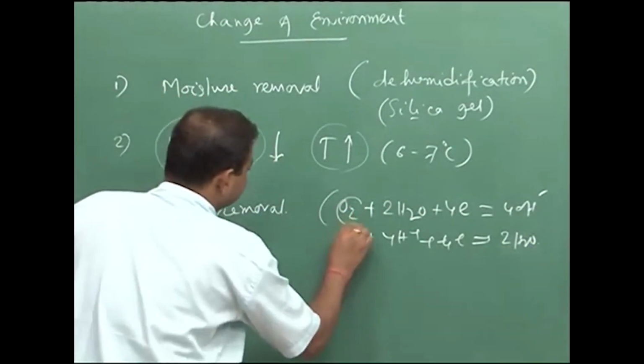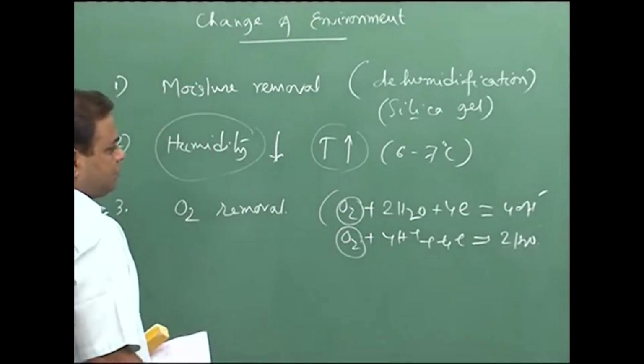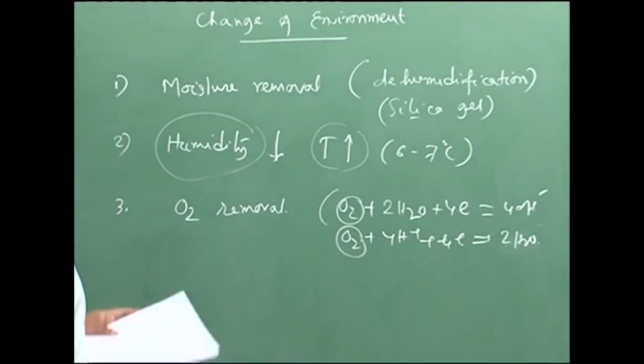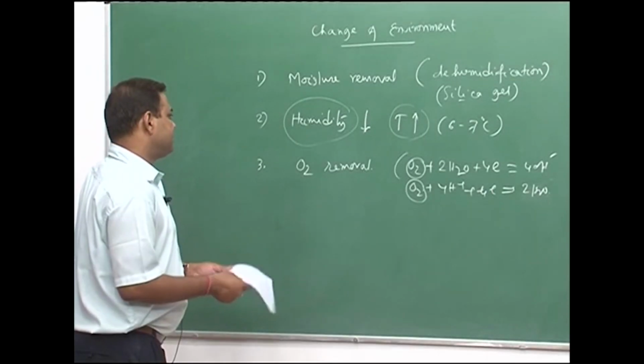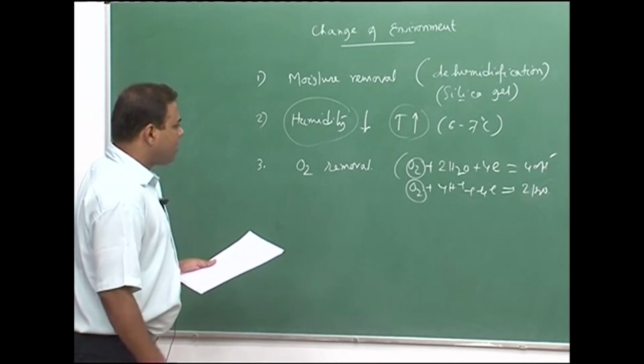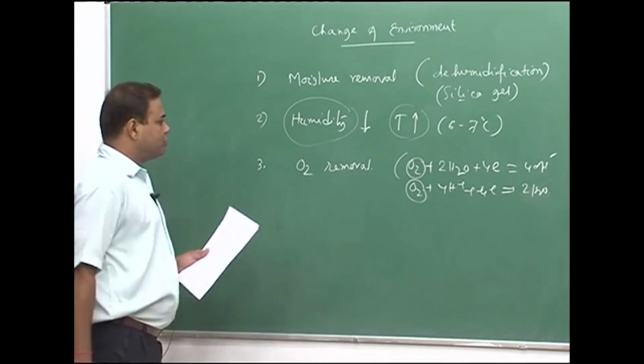If we can get rid of this oxygen, we cannot have these two cathodic reactions. So, we can reduce the corrosion rate of the metal object to a great extent, and how would we be able to do it?